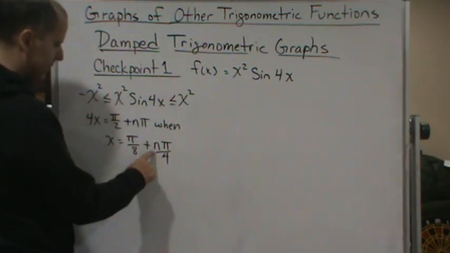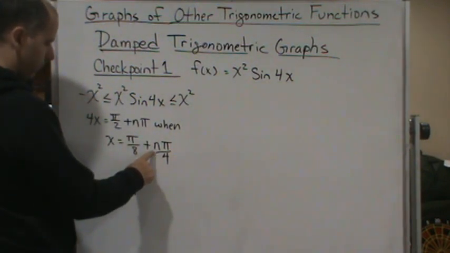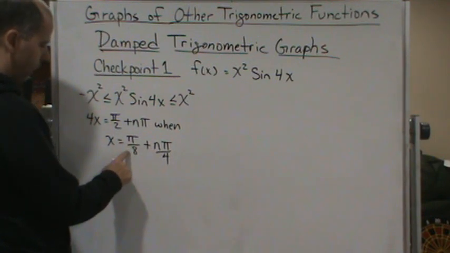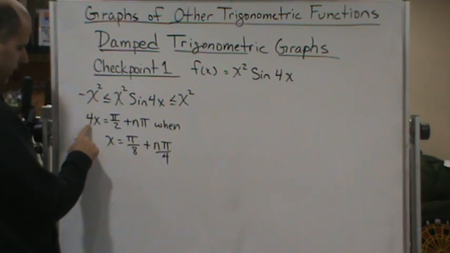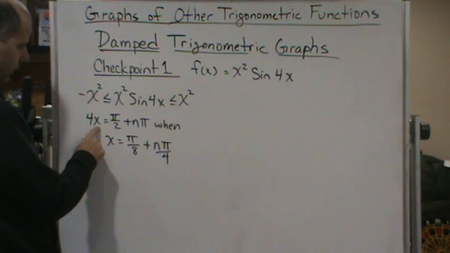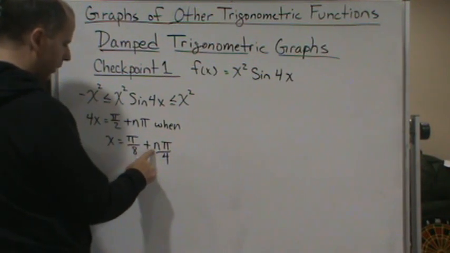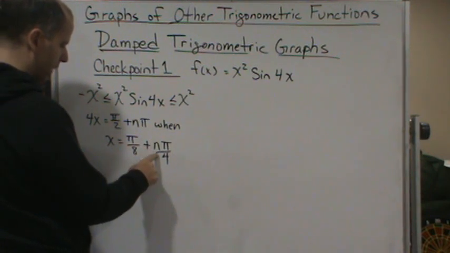Right? Because if n is 0, we get pi over 8, and then 4x equals pi over 2. If n is 1, we get pi over 8 plus what?